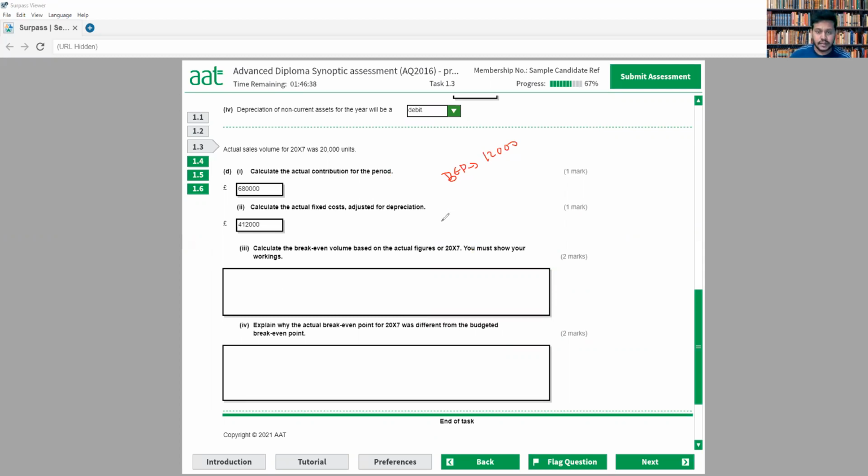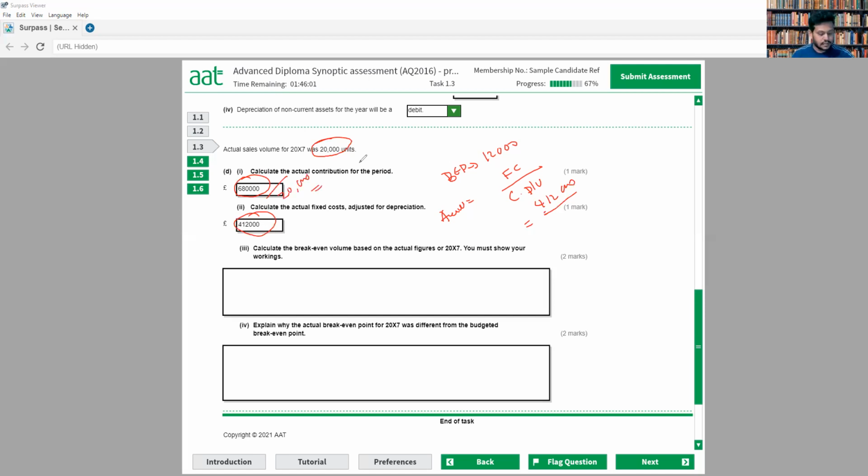So actual break-even, the formula is same, fixed cost divided by contribution per unit. So the new fixed cost we have, that is 412,000, isn't it? The new fixed cost we have 412,000 from here. And the contribution, we have a total contribution for 20,000 unit. But we don't have per unit, so we need per unit. So 680,000 divided by 20,000, that will give me contribution per unit.